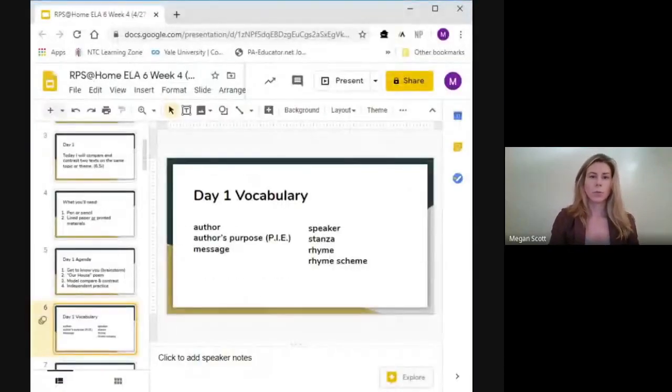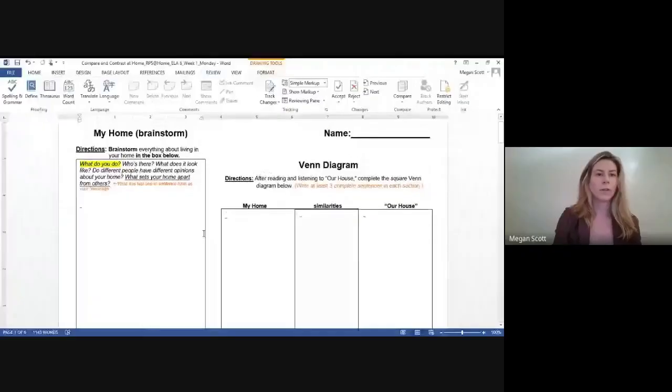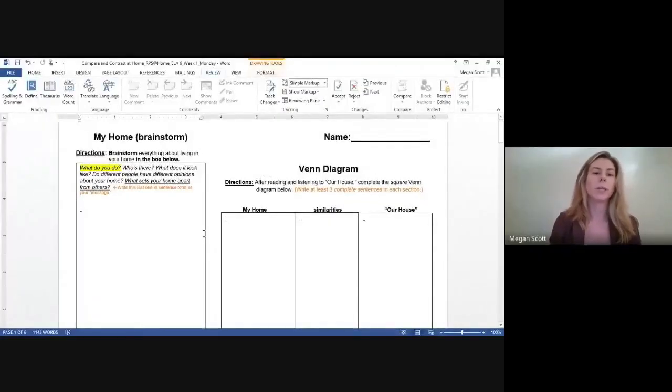Let's go to the handout or the information. If you don't have it, you can just share my screen. All right, on the left-hand side is where we're going to brainstorm about our home. You're going to write everything about living in your home in this box on the left and go through each question prompt.